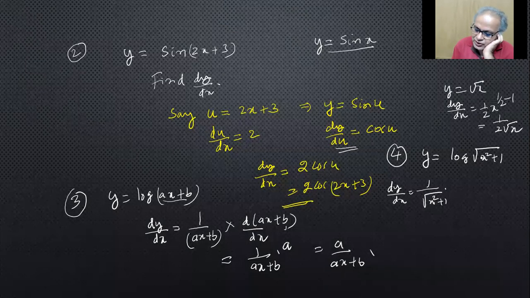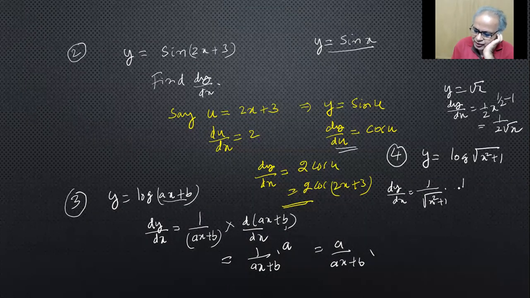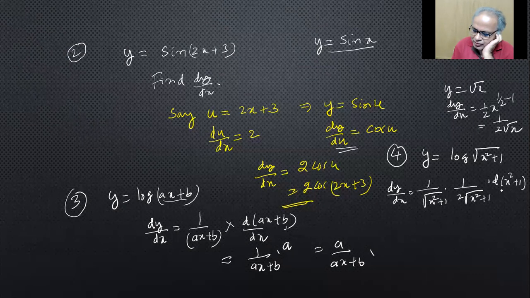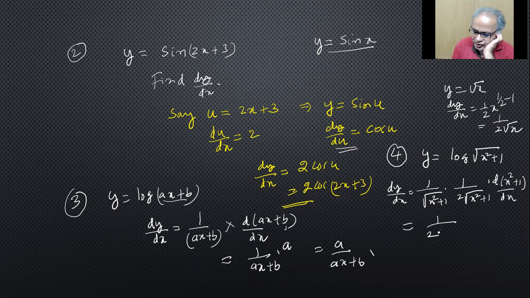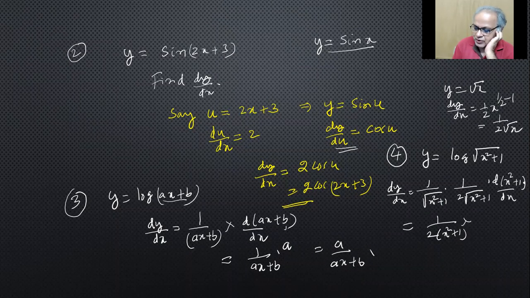Now the inside is some v, root v, like root x. So 1 by 2 root of (x square plus 1) into the derivative of x square plus 1, d of x square plus 1 by dx. So what do I get? 1 by 2 into (x square plus 1) into d of x square plus 1, that is 2x plus 0. So that will be your answer.